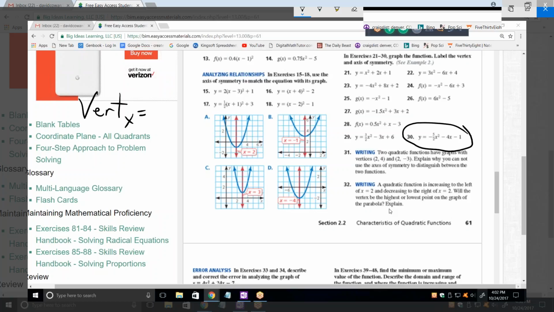So, I always have students start with the general every single time. Negative b over 2a, that's the general. Now fill it in.